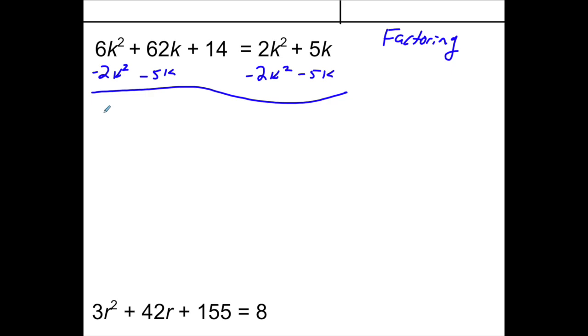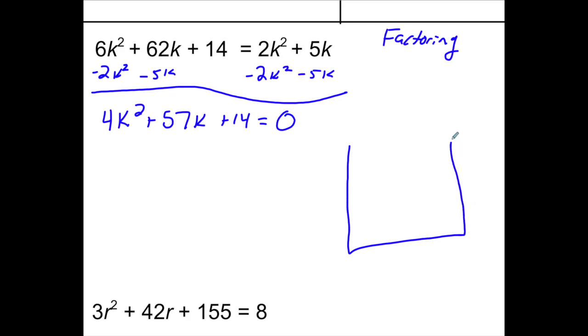So 6k squared minus 2k squared, that's 4k squared. 62k minus 5k, that would be 57k. And then the 14, nothing combines with that, and that equals 0. So let's open up our box and try to factor.